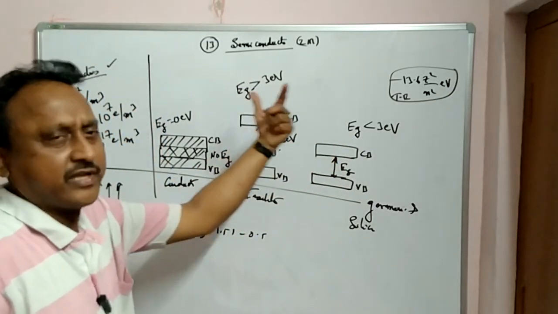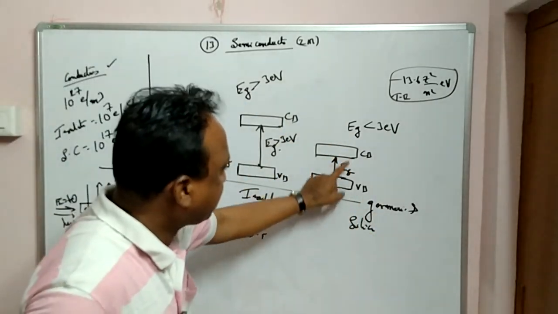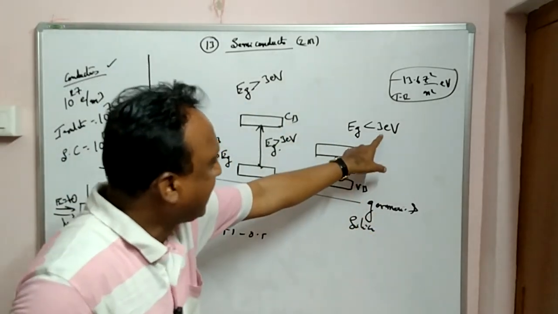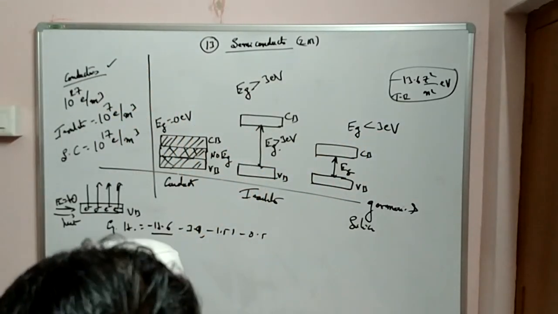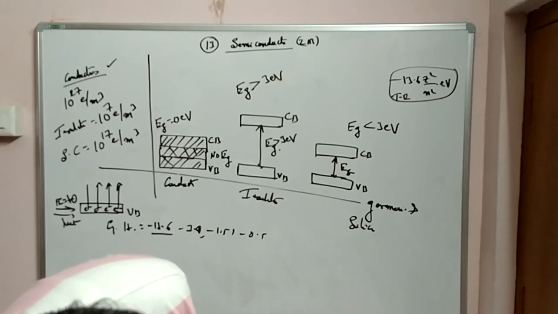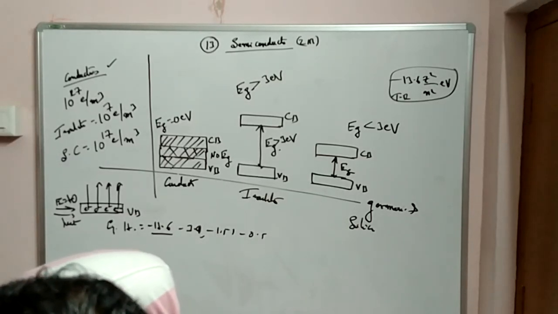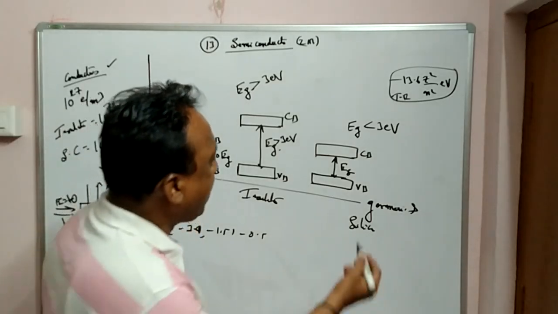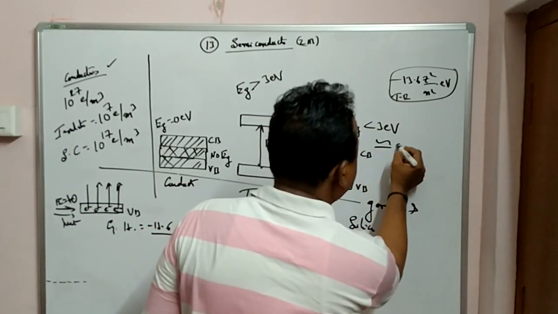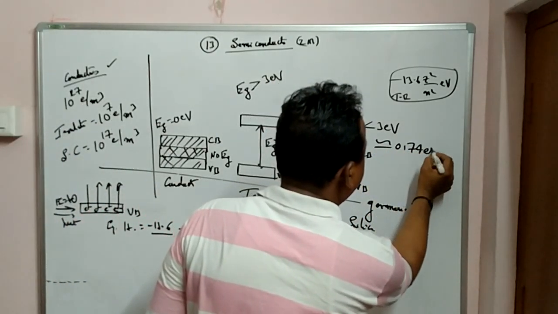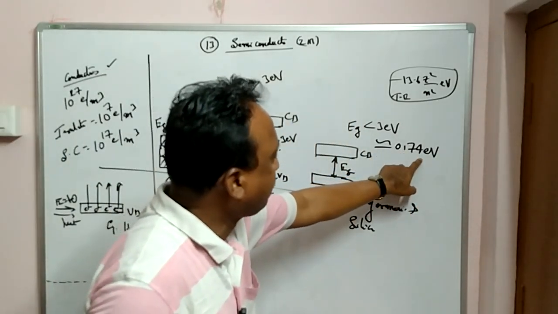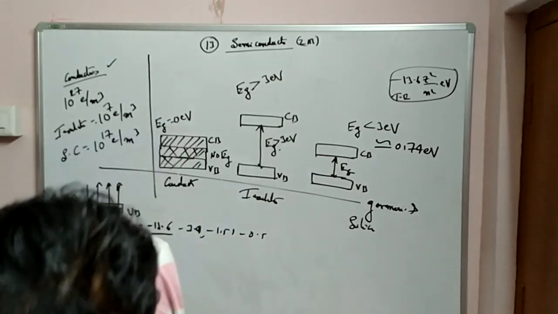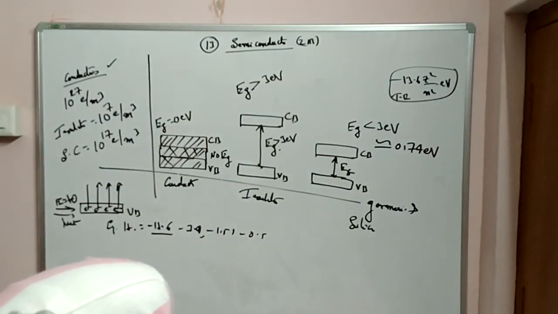These things are important for the examination. The energy gap in semiconductors like germanium and silicon is less than 3 electron volts, while in insulators it is more than 3 electron volts. For germanium the value is nearly 0.74 electron volts.